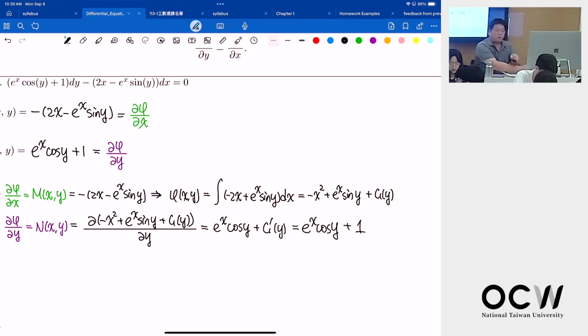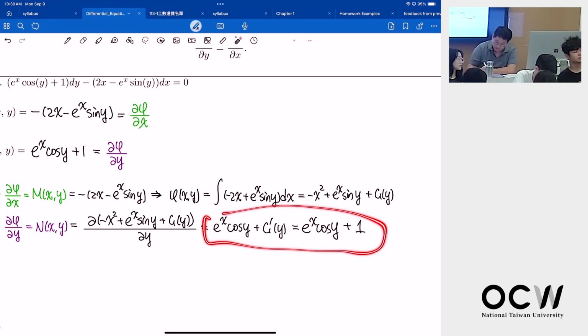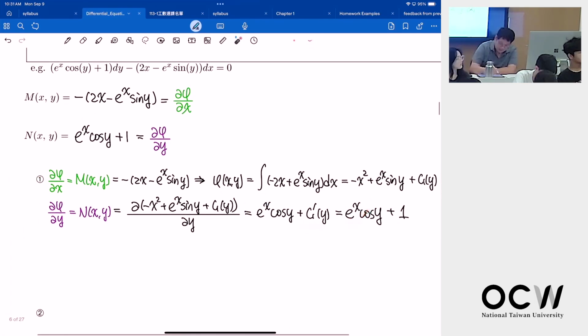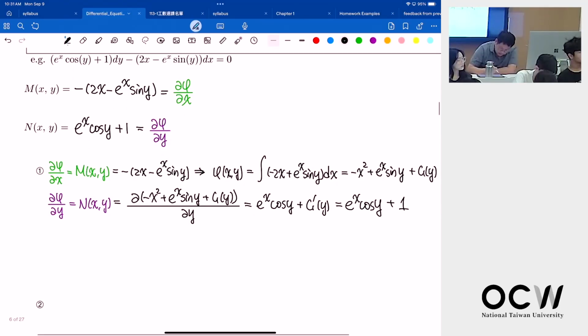Any questions so far? Then we can compare these two equations. Okay, so we can cancel out. Then we have C1 prime equals 1. So C1 prime equals 1. That means this C1 function is y plus a constant.